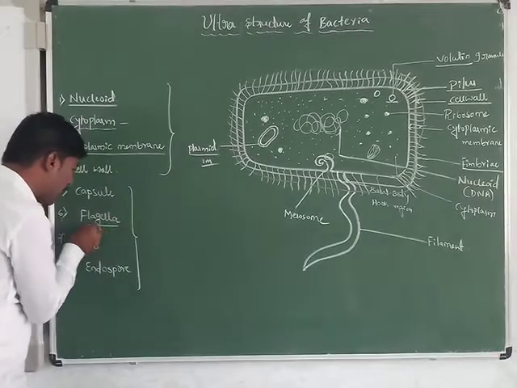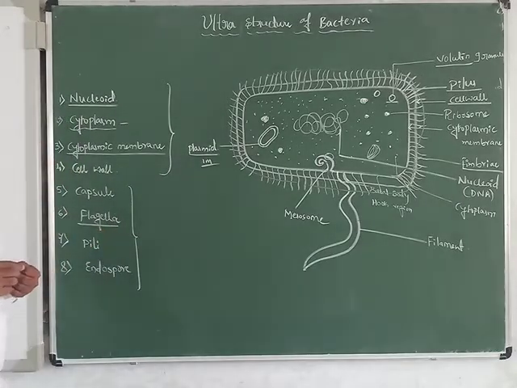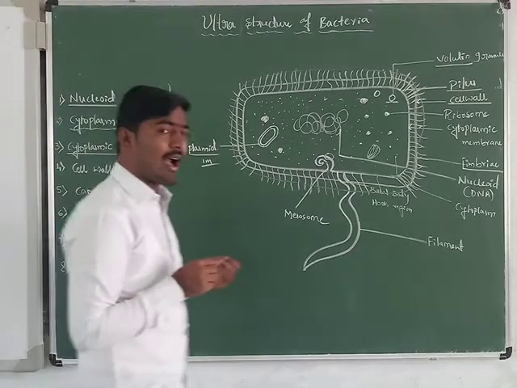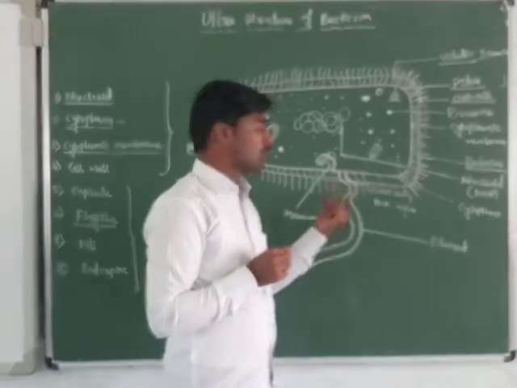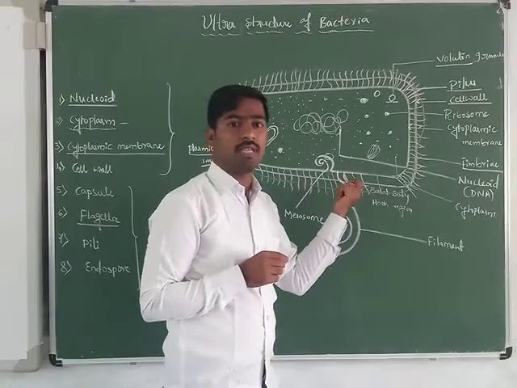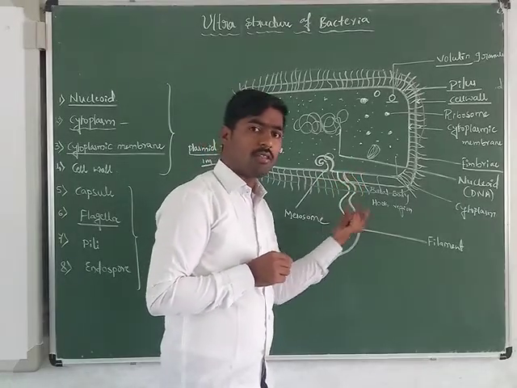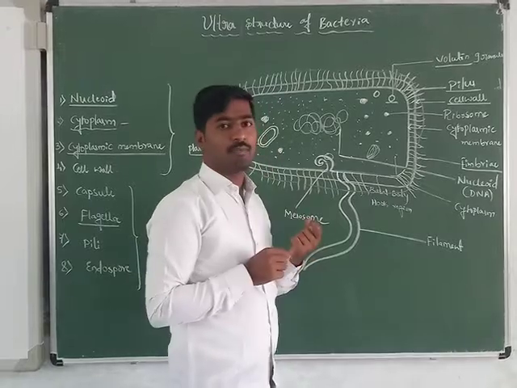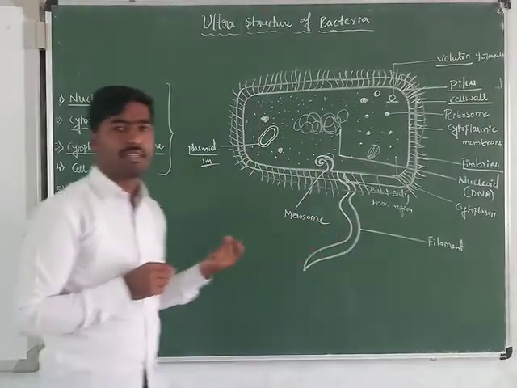Next one is flagella. The flagella arise from the cytoplasmic membrane of the bacteria cell. These are wavy in nature.